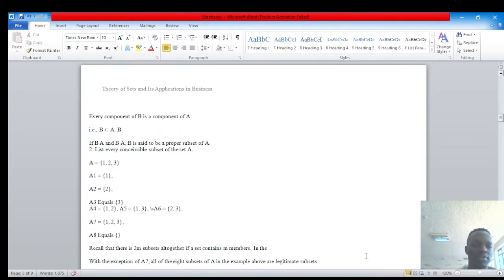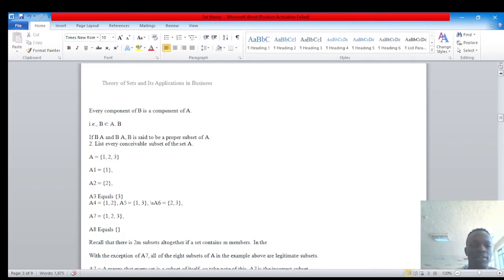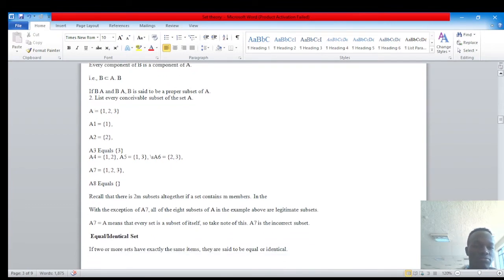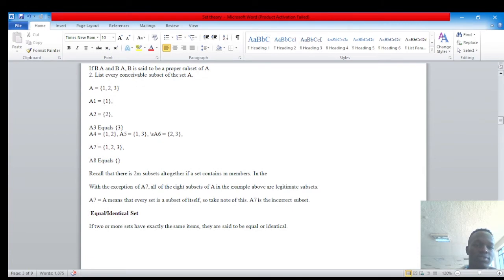Let's look at more examples. Let's find the subset of A. Possible subsets of A would be 1 is a subset, 2, 3, or 1, 2, and 2, 3, or 3, 2, and 2, 1. So those are the subsets. So these are the possible outcomes.